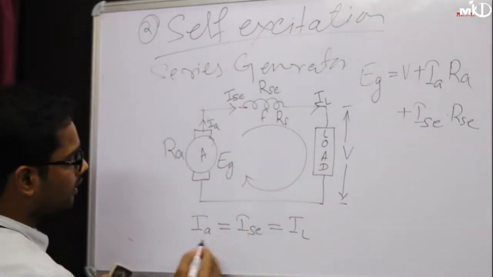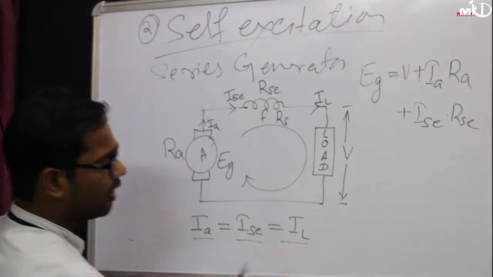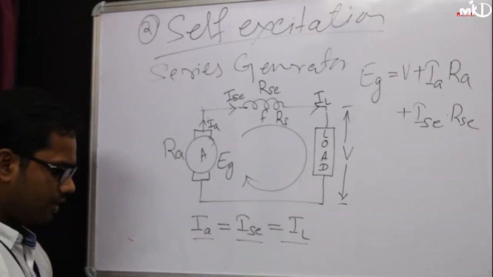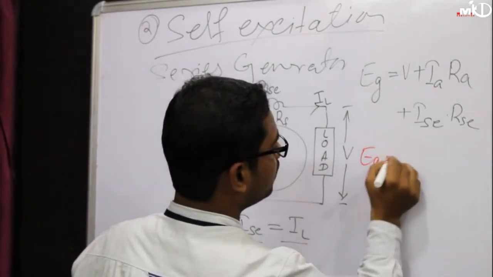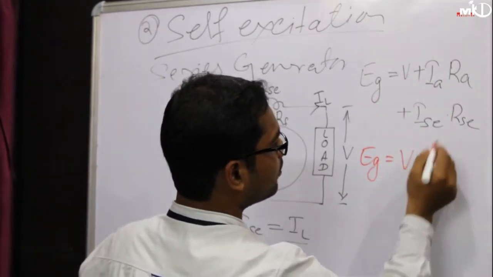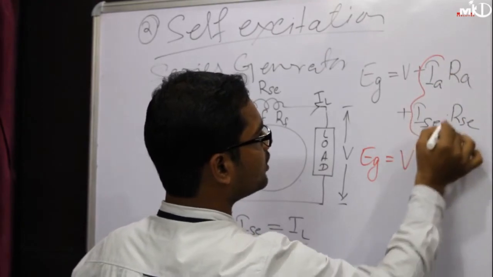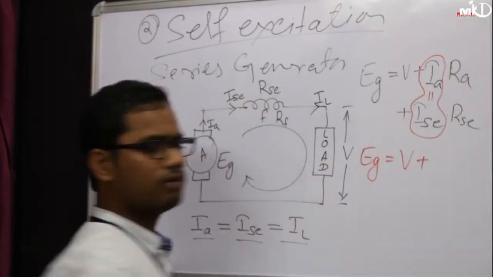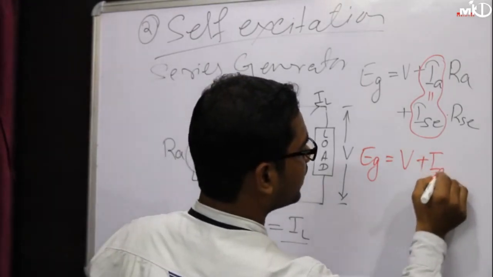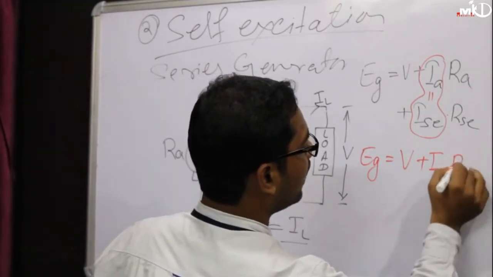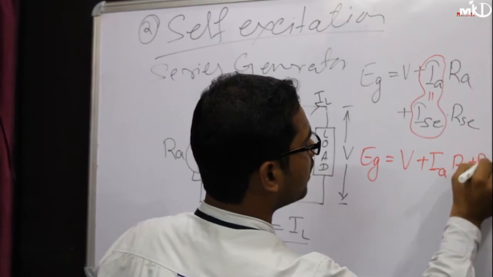But you know that IA equals ISE equals IL. So your final equation will be EG equals V plus, taking any value, I am taking IA, times RA plus RSE.